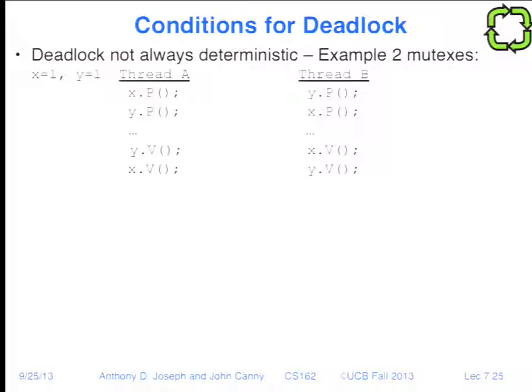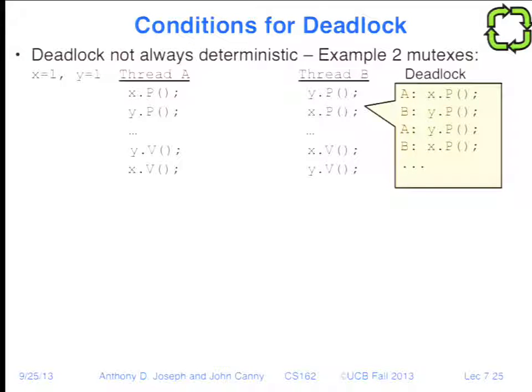And V is the increment function. And if you put these out of order, and if in addition they execute in the wrong order, you get a deadlock. So basically, A is grabbing the first mutex, B is grabbing the second one. Now A can't acquire the second one, and B can't acquire the first one. So you get the loop structure that we just saw.